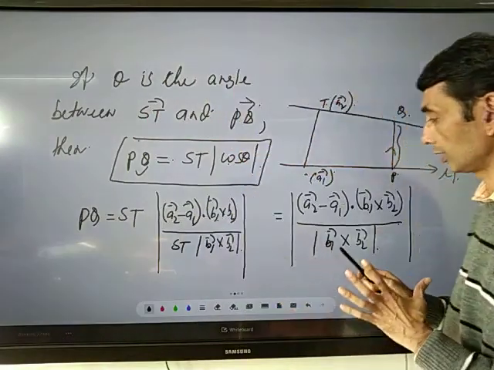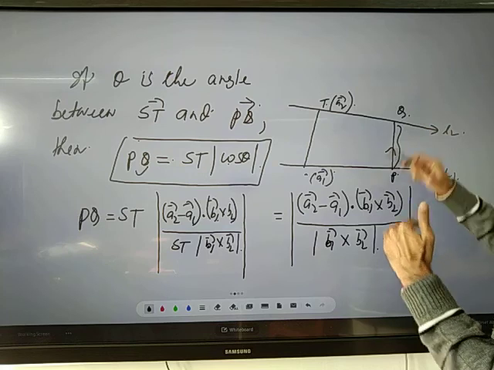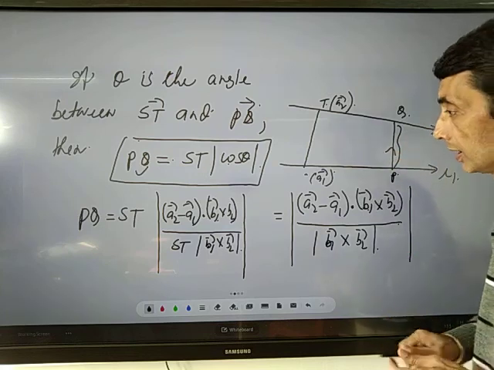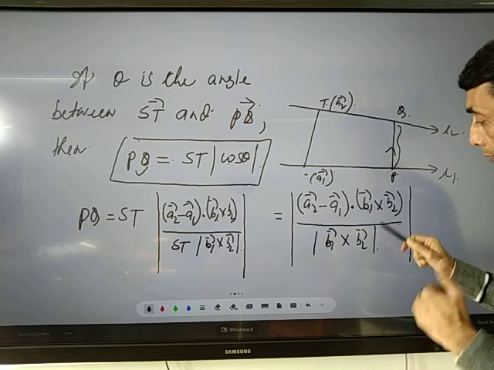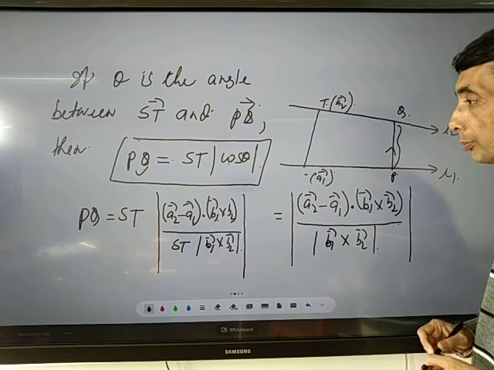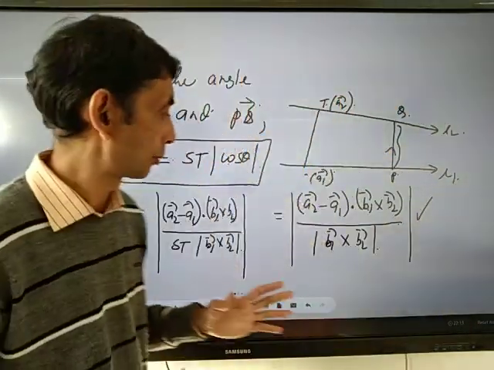This is the final, the important formula to find the distance between the two skew lines: A2 minus A1 dot B1 cross B2 by mod B1 cross B2. So this is a very, very important concept.